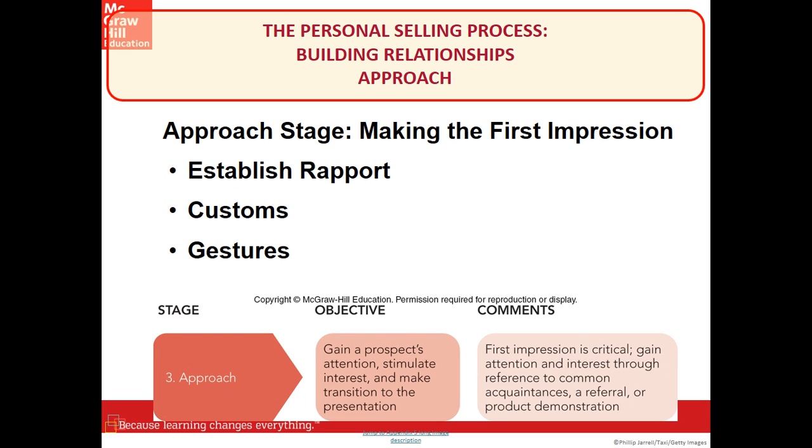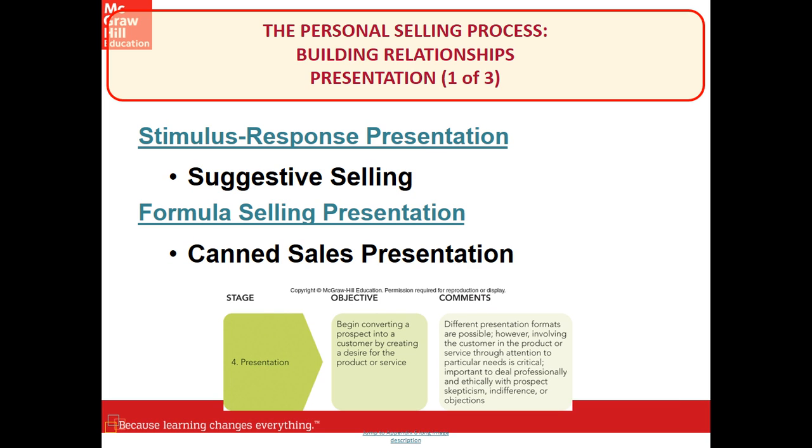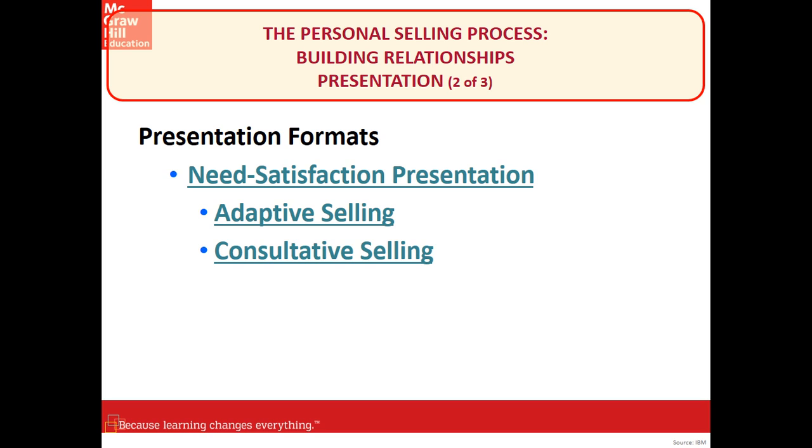Then the approach, how do you establish rapport, and how do you use gestures, right, to approach? Then there's the stimulus response presentation, just suggestive selling, and also there's the canned sales presentation stage.